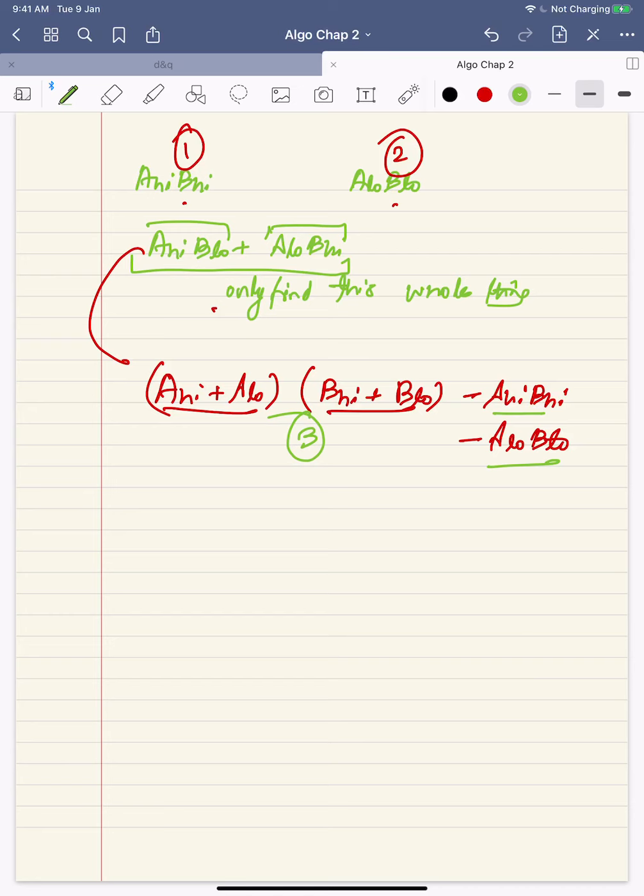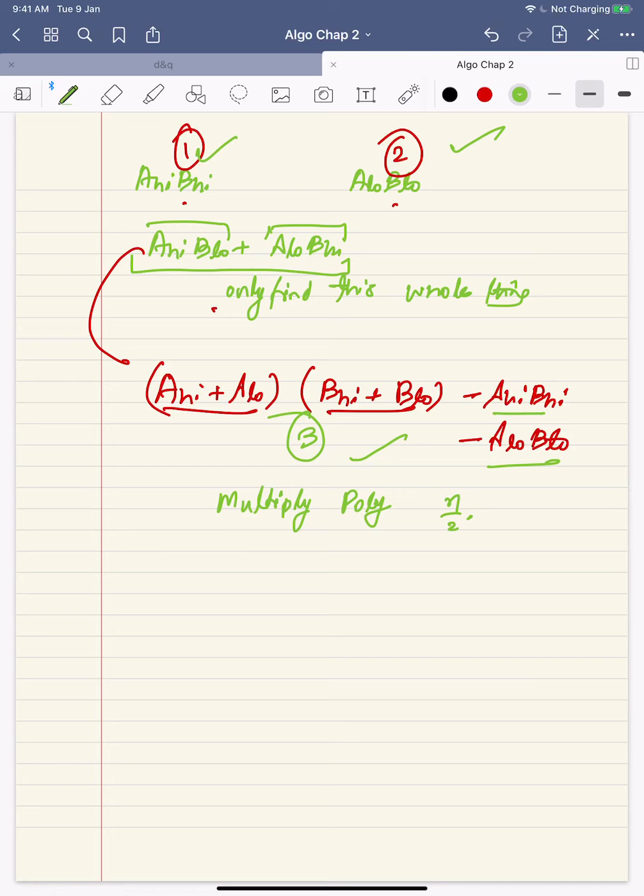So in terms of my sub problems, that is, multiplying polynomials of size n by 2 each, I am doing only 3 sub problems: 1, 2, 3. Everything else is just addition and subtraction, which I know is only order n, so that will not harm me much. And this is the tricky idea.